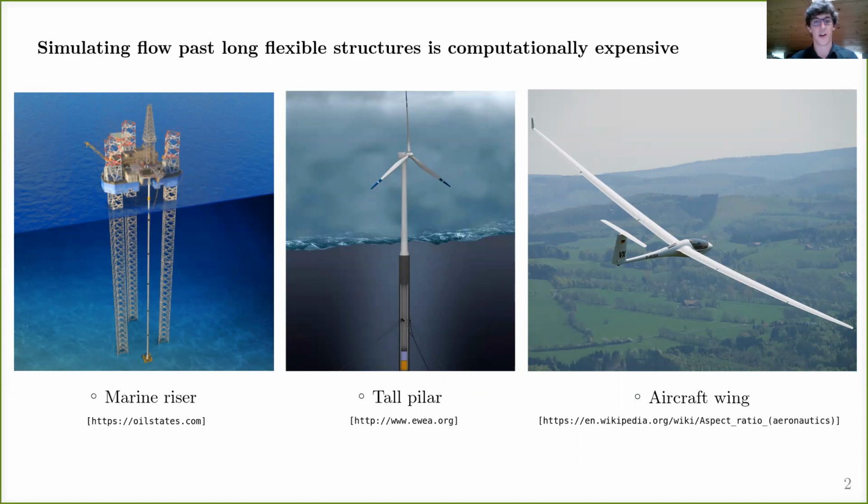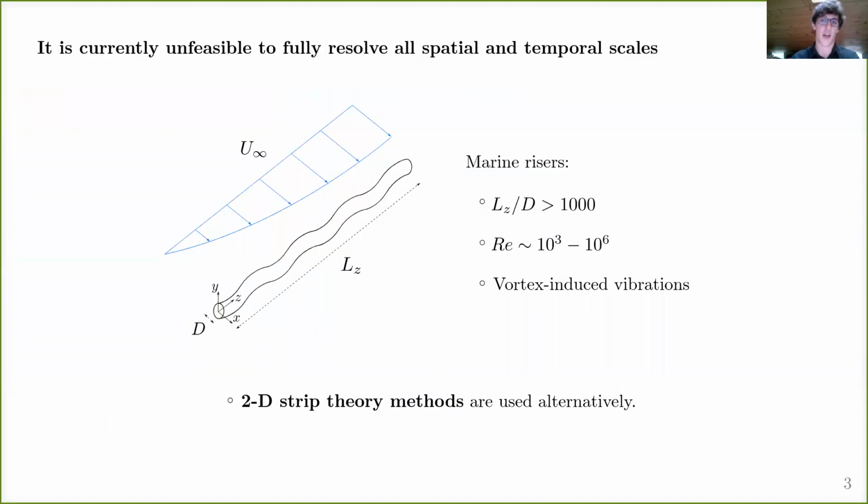Doing a fully resolved three-dimensional simulation is nowadays infeasible because it's very expensive. This happens because they have large aspect ratios, above 1,000. They operate in high Reynolds regimes, meaning there's a vast range of flow structures, and there's also the added complexity of fluid and structure interacting.